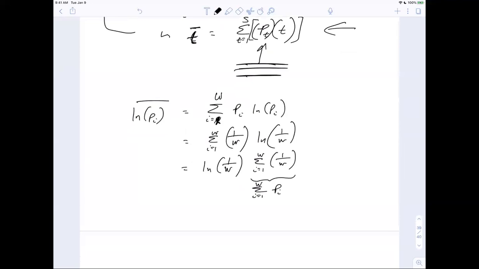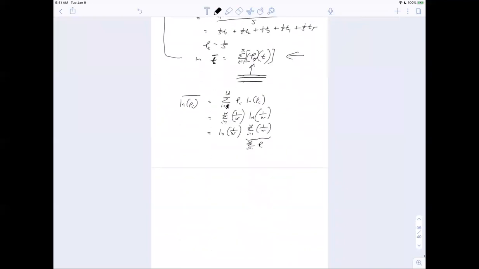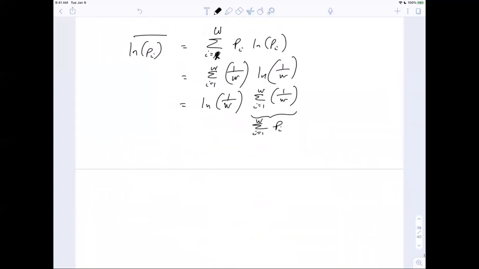Right. And so if I sum over W all of the microstates, the probabilities, what numerical value must that be? 1. Yes, that's 1. We showed that up here. It's normalized. Is that okay? So this just turns out to be 1.